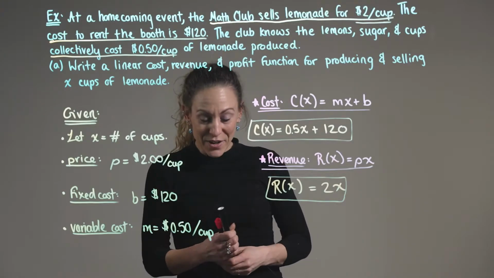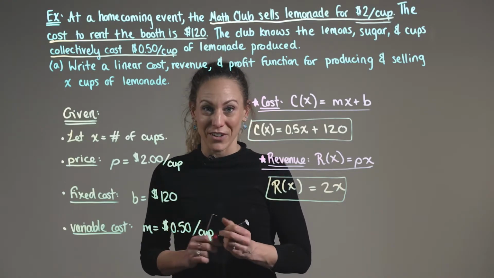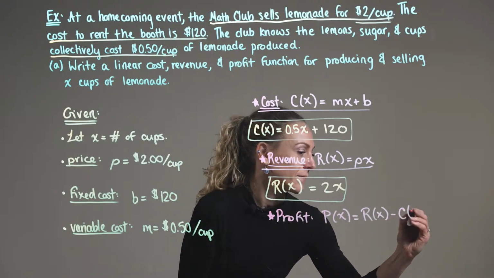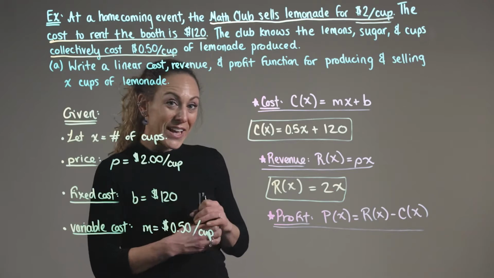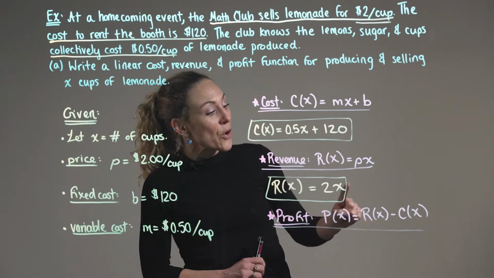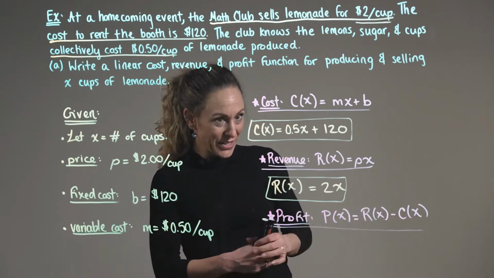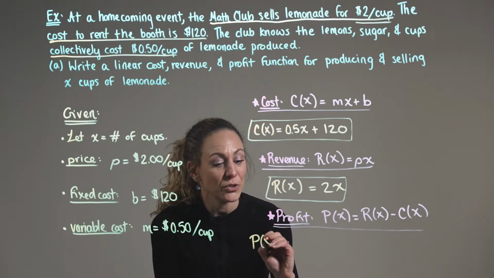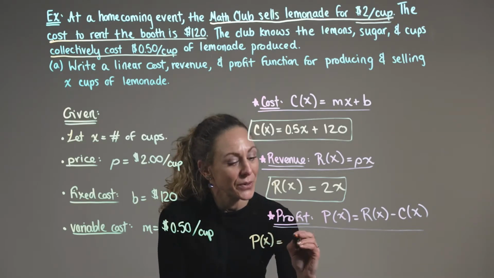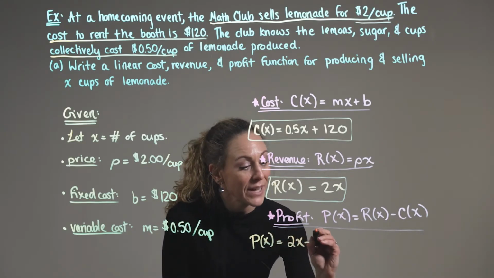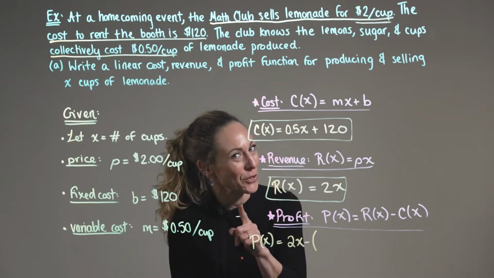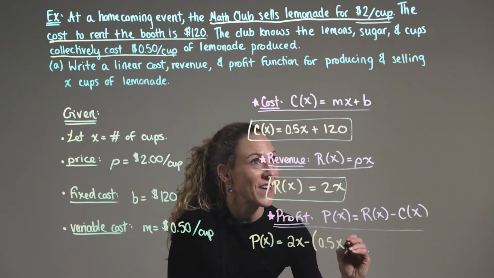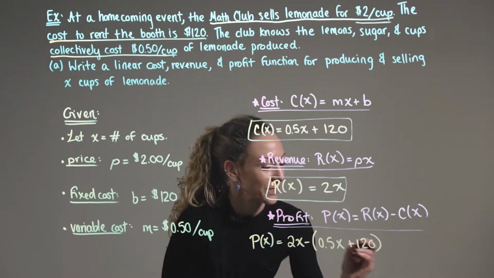And last but not least, we want to define a linear profit function. So recall that the linear profit function is defined as revenue minus cost. So taking the two functions we just found, we can define our total profit as being equal to 2x minus, now again, remember to use your parentheses for safety, the cost function. So 0.5x plus 120.